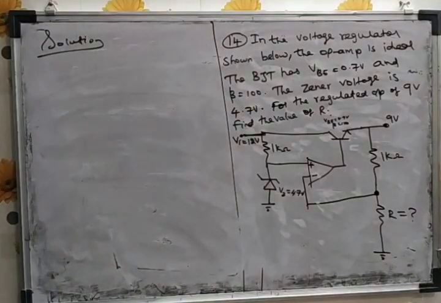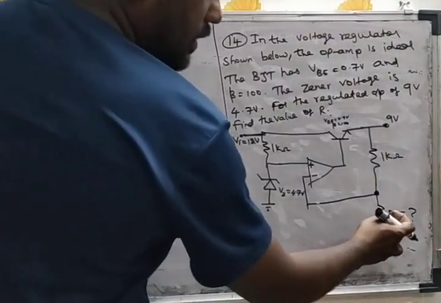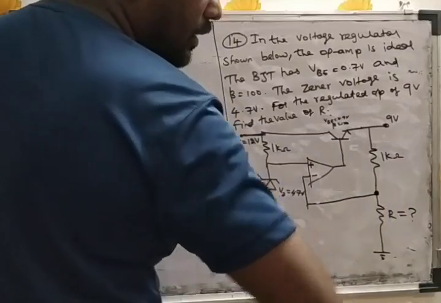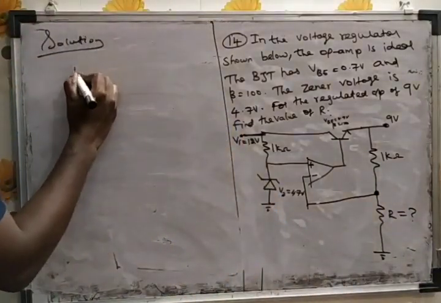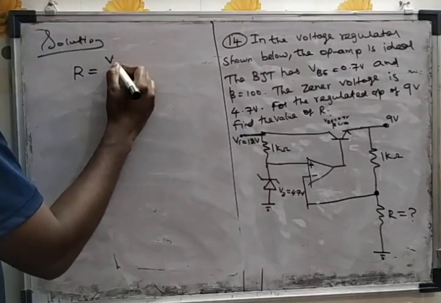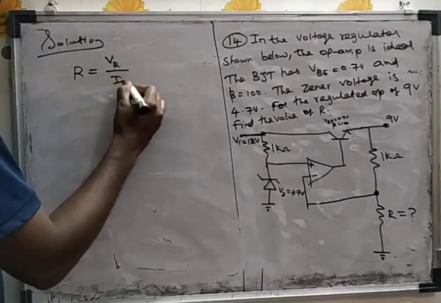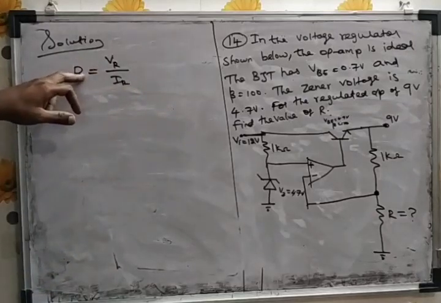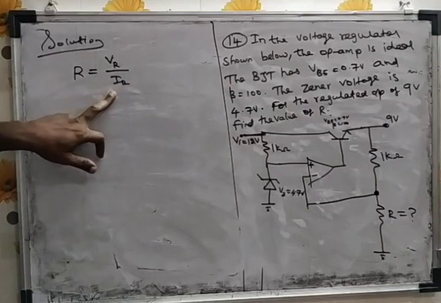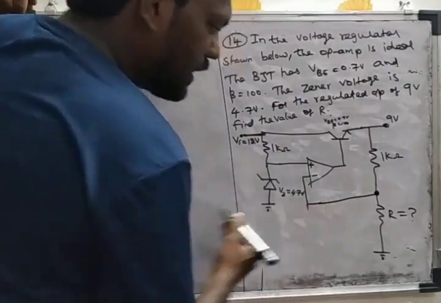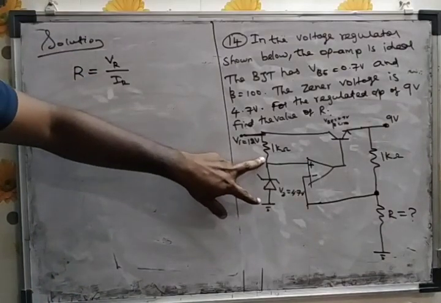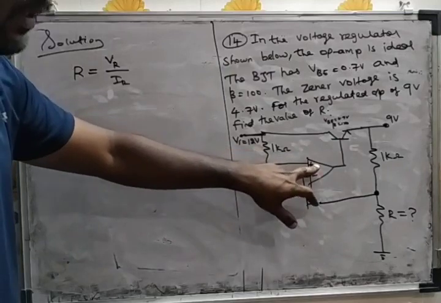If you know the voltage across this R and the current flowing through this R, then you can find R value is equal to VR by IR, the voltage across the resistance over the current flowing through resistance R. From this circuit, the Zener diode is connected to the non-inverting terminal.